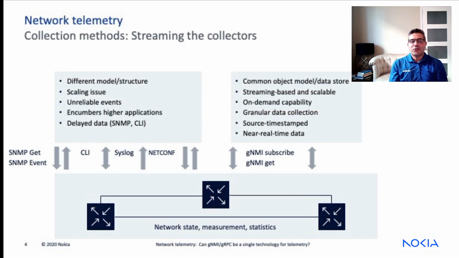The current slide illustrates two approaches to network information retrieval. On the left side, we see various protocols and technologies used to retrieve information. On the right side, we're only using one single technology, which is gNMI and its capabilities.